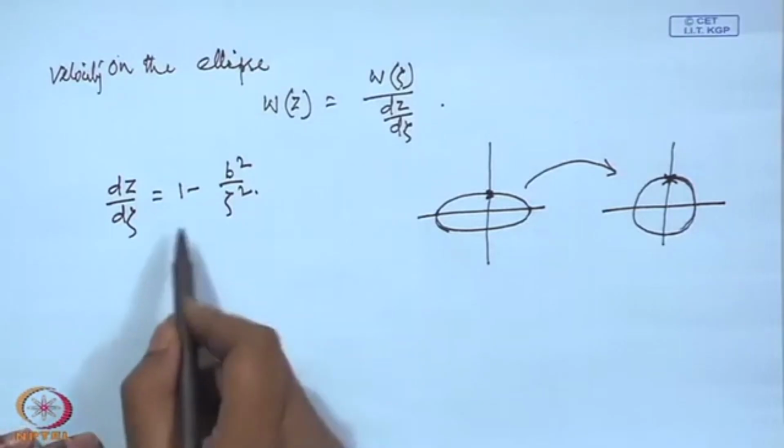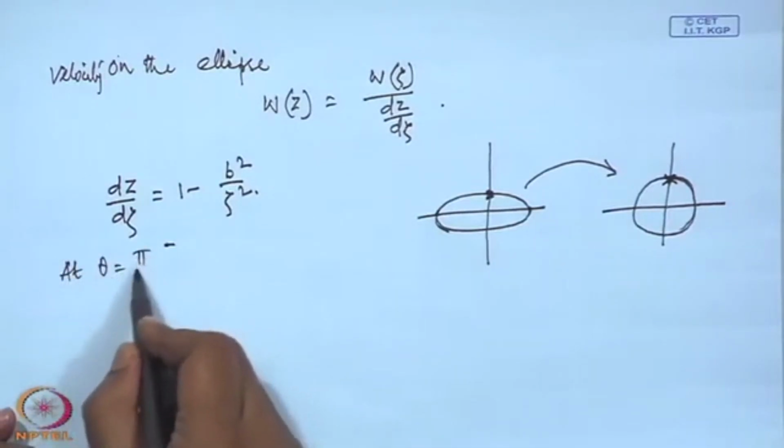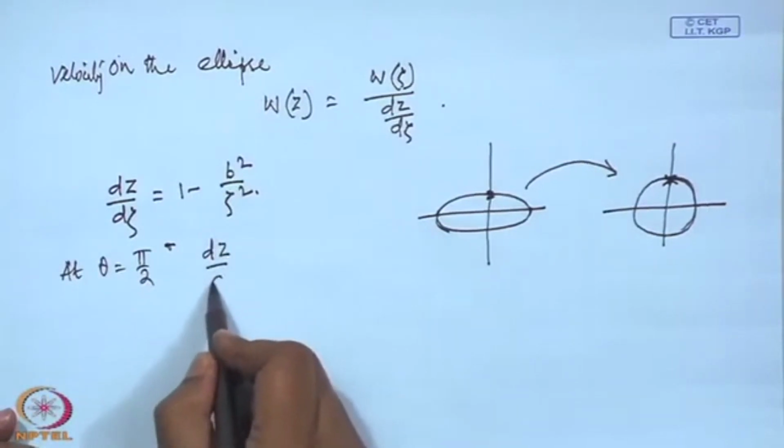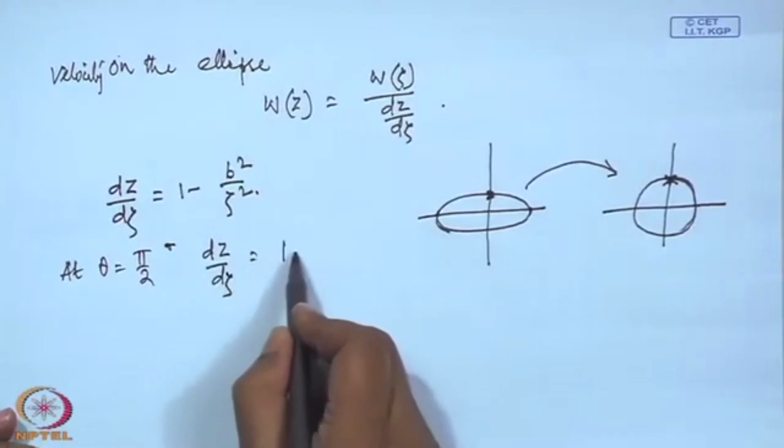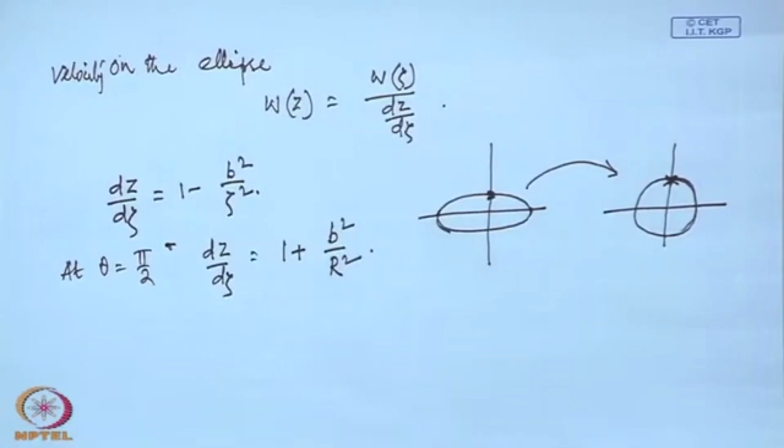So, this becomes at theta equal to pi by 2, zeta is i r, not simply r, i r.